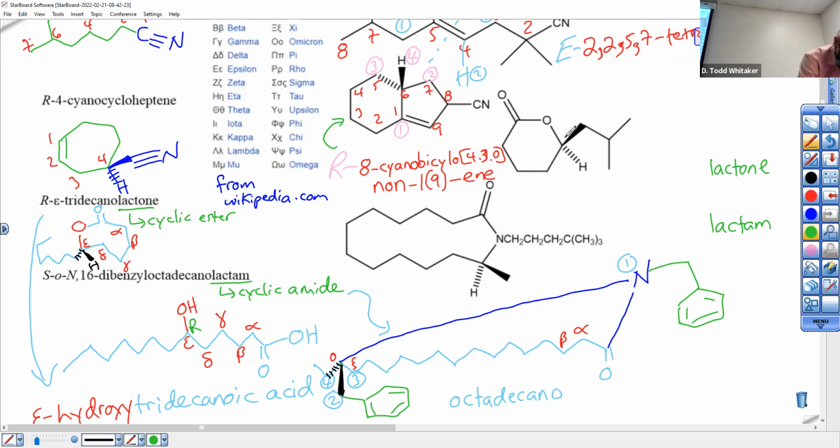You can do Greek or not Greek. I'll even show you a way to do it without the Greek. How's that? Here you go. You ready? 1, 2, 3, 4. And remember, this thing before it became this ring was a long chain where 5 connected to 6, 7, 8. So it's an octanolactone.